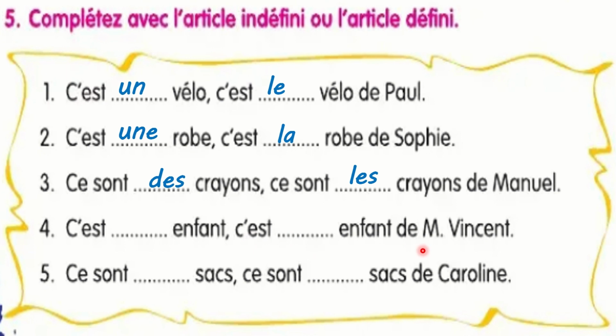This is the child of Mr. Vincent. So this is a child. The answer is c'est un enfant. C'est l'enfant de Monsieur Vincent. Now the fifth part is ce sont dash sacs de Caroline. These are some bags. These are the bags of Caroline. The answer is ce sont des sacs. Ce sont les sacs de Caroline.